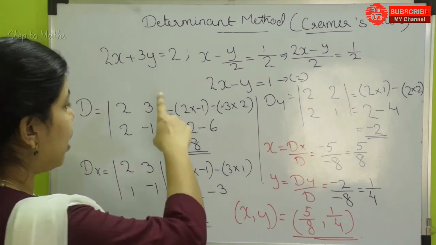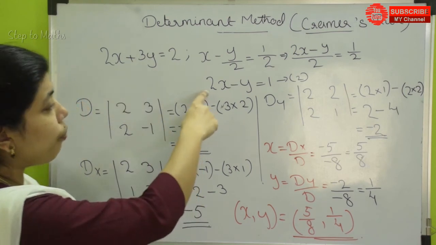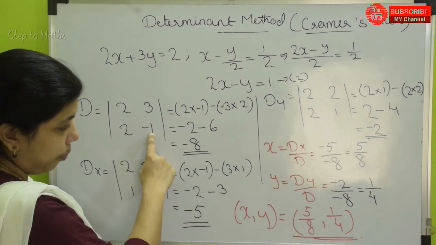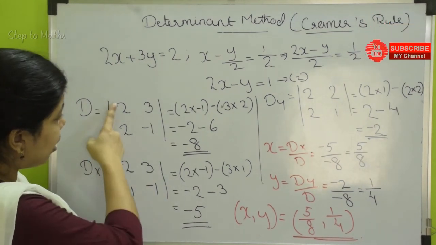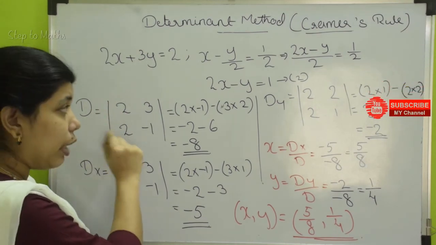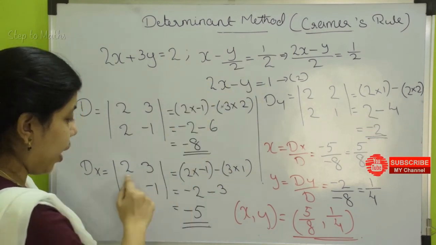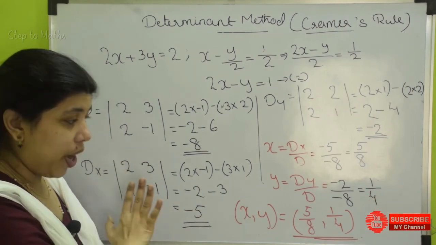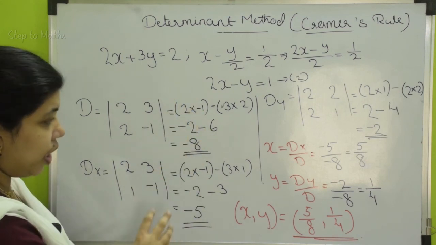For d, the first column is coefficients of x and second column is coefficients of y. For dx, the first column, that is coefficients of x, is replaced by the constants, and the second column is same as the coefficients of y. Then find the values of determinant.